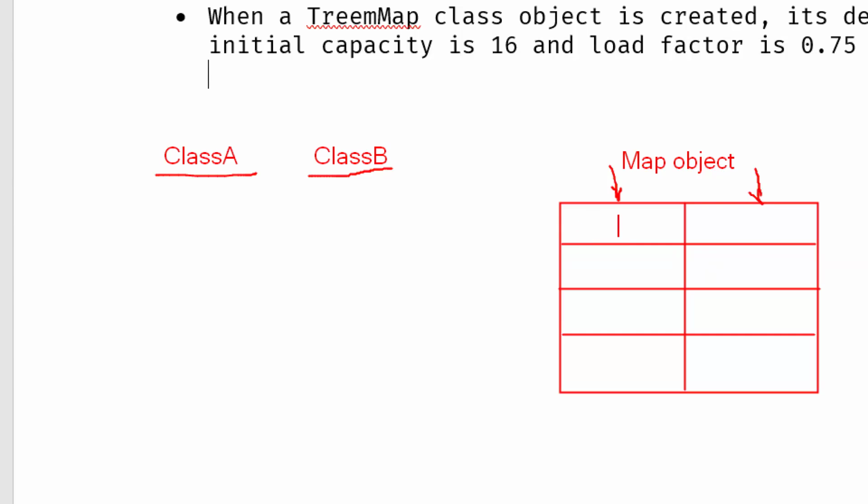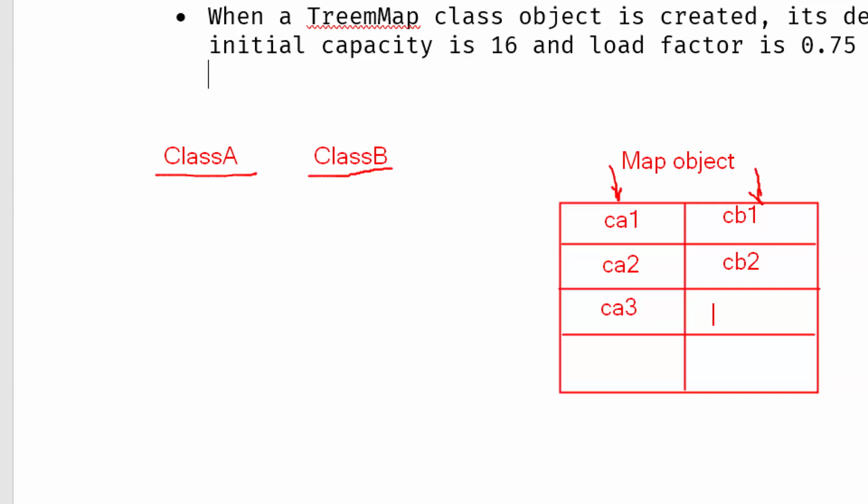For example, CA1, CB1, CA2, CB2. Like this, I want to store. CA means class A object.